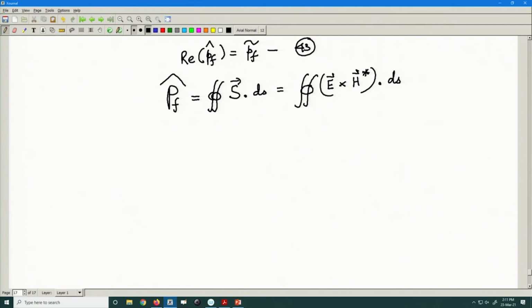The real part of this is the time average power flow. So, we write the real part of big P_f hat is P_f tilde, or the time average power flow.